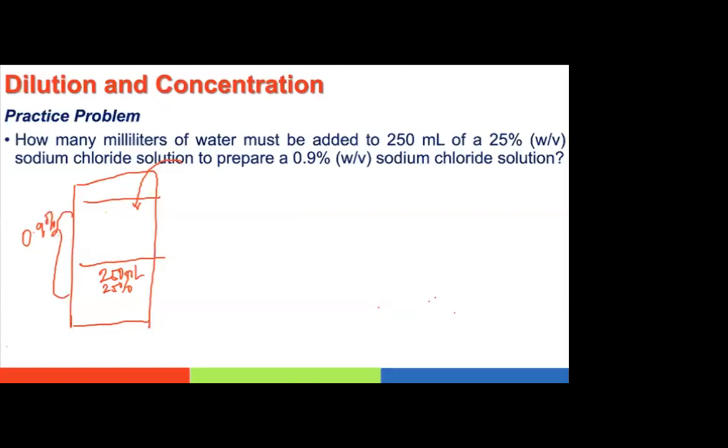We can use initially C1, B1, C2, B2. Let's apply that. Okay? What is our C1? 25%. Okay, lagay ko this time yung percent. What is our B1? 250 ml. What is our C2? Binigay ba? Wala, sir. Are you sure hindi? Binigay. Nag-prepare ka ng final concentration of 0.9%. Ah.